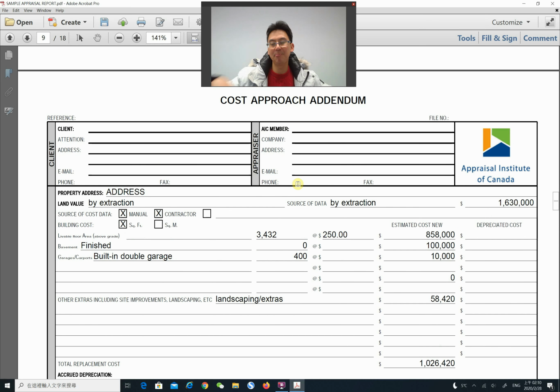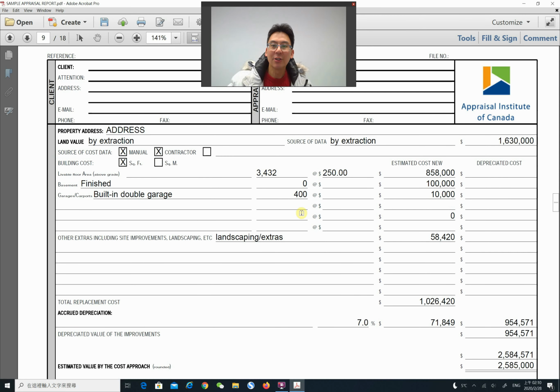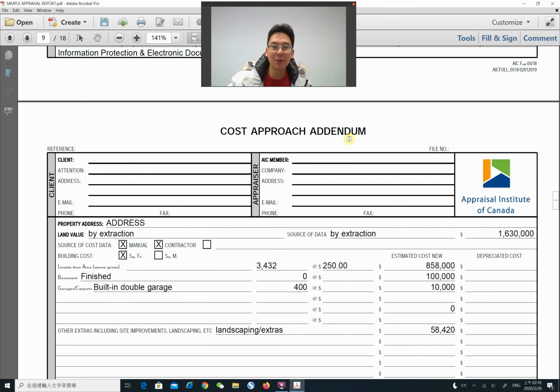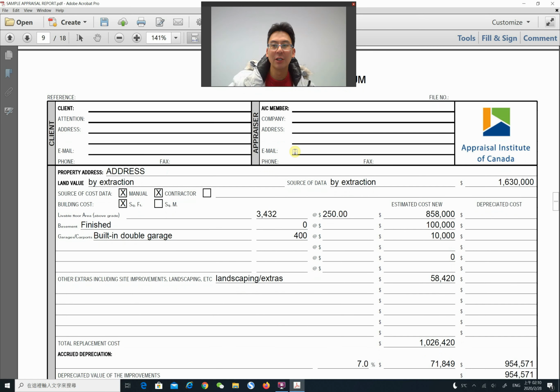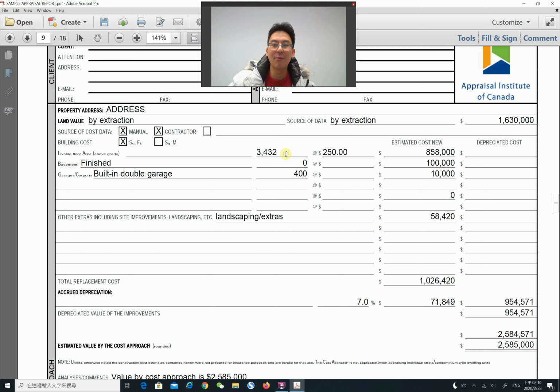But what if this house burned down and you need to rebuild the whole thing? So they usually have another approach to cross-reference that. It's a cost approach. Usually this one is not much, but it is also interesting to know what this is.